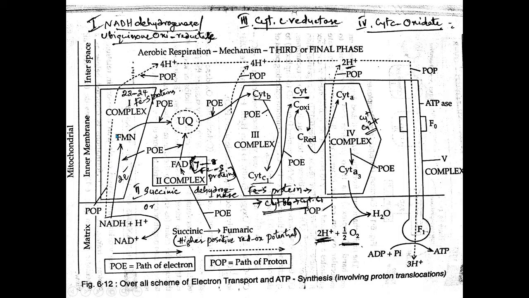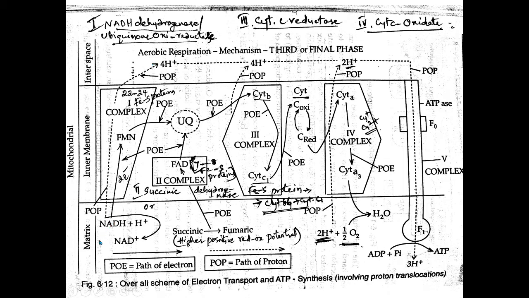Here FMN is the coenzyme which accepts the electrons initially, and through FMN the electrons reach the ubiquinone cycle. From FMN to ubiquinone, iron sulfur proteins carry the electrons. For every 2 electrons, 4 protons from the matrix enter into the intermembranal space. This is the intermembranal space.